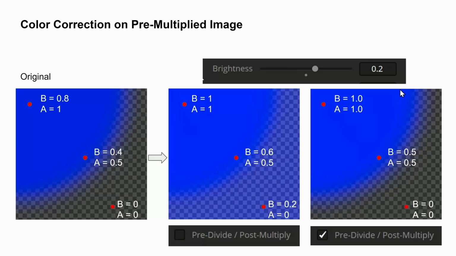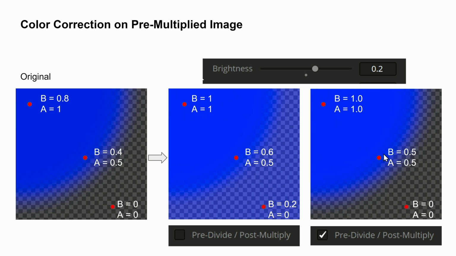So the correct way, what you would expect, is you add 0.2 here, that's fine. You don't add anything where it's 0, and where it's 50%, it should still be 50% of the full value afterwards. So here it just needs to go from 0.4 originally to 0.5 in order to still relatively match, considering that it's 50% transparent, right?